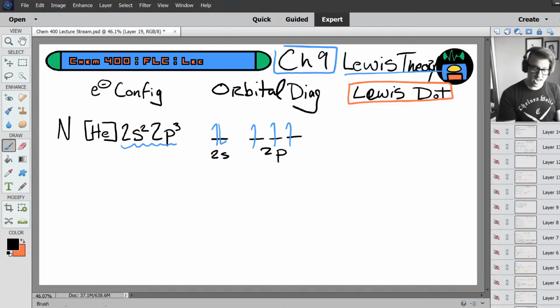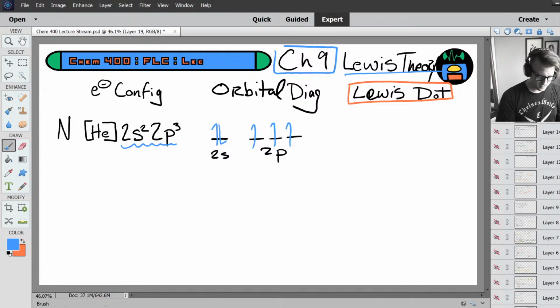All right, now, so here's the Lewis dot structure. The way the Lewis dot structure depicts an atom with its valence electrons is you write the elemental symbol, and then the electrons are depicted as dots around that symbol, and you kind of envision it. You look at the atom as having four sides, as if it were in a box.